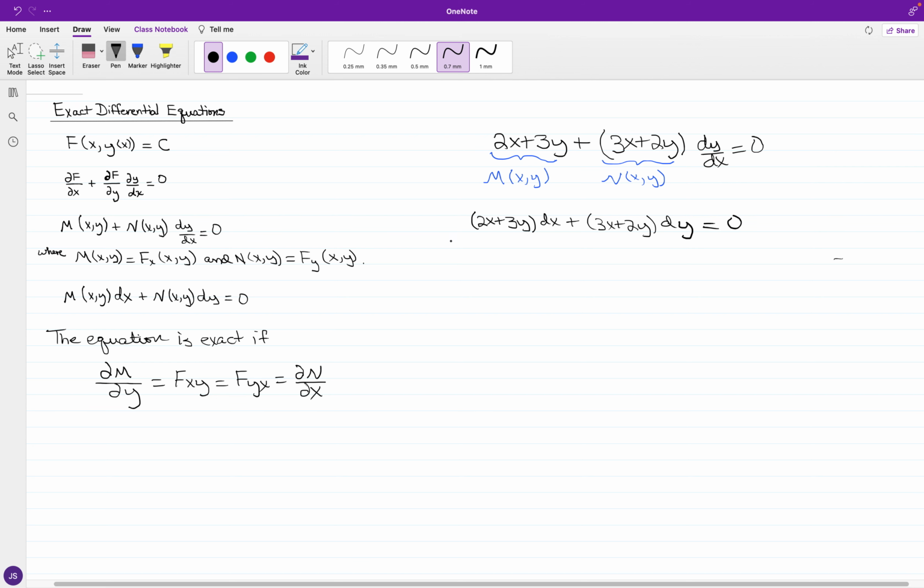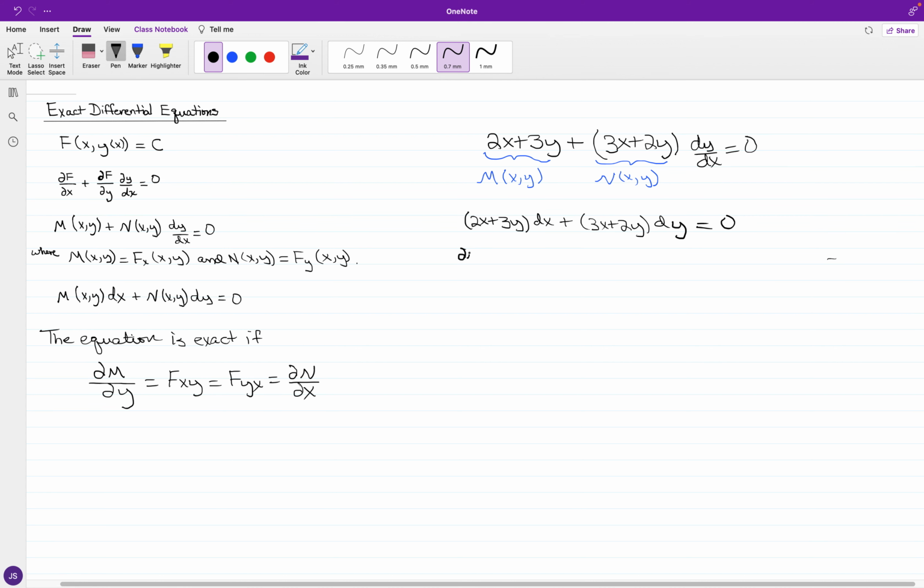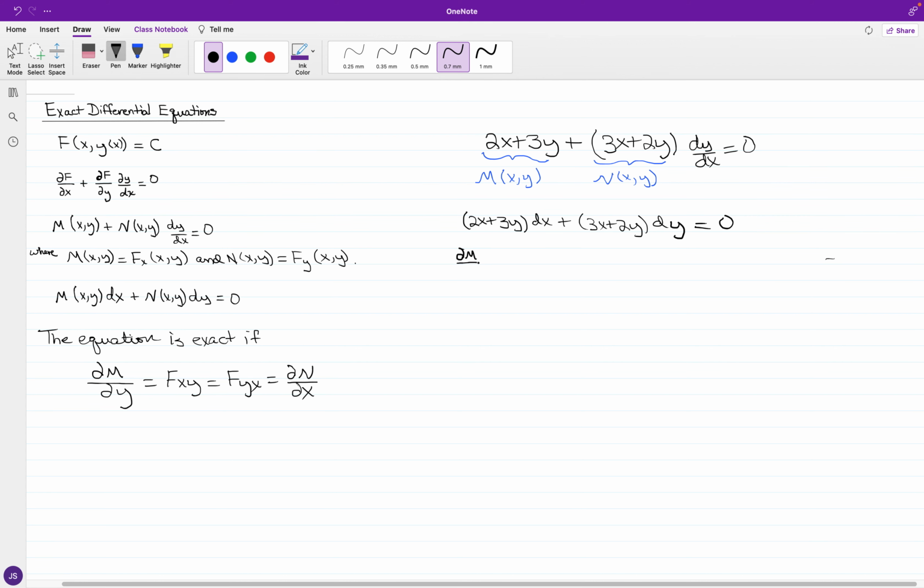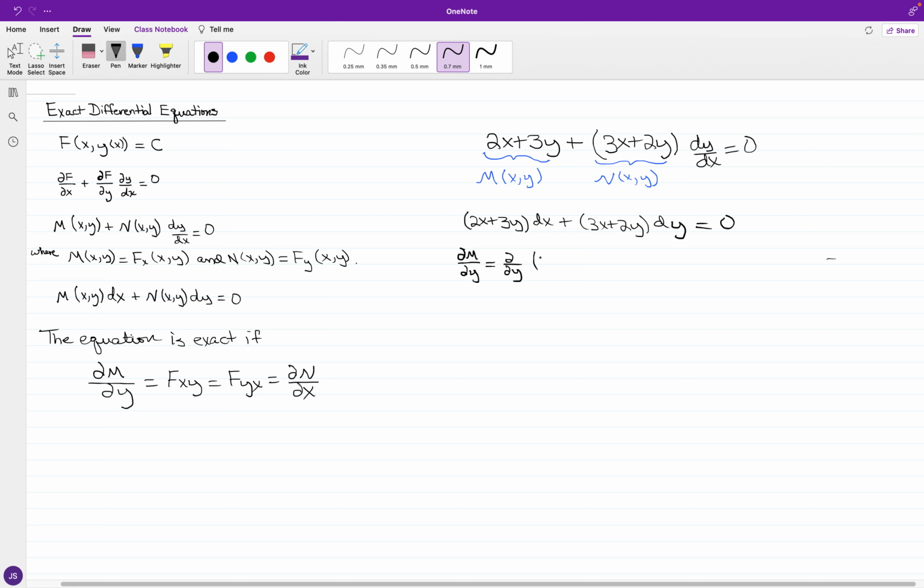So we have it in this particular format, and now we're looking at seeing if this equation is going to be exact. Taking the partial derivative of m with respect to y, we're taking the partial derivative with respect to y of that which represents m in this case, which is 2x plus 3y.